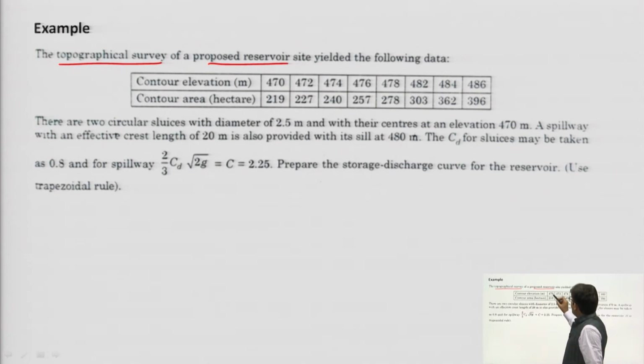At different elevations: at 470, the area is 219, at 472 the area is 227, at 474 meter elevation the area is this, and so on.